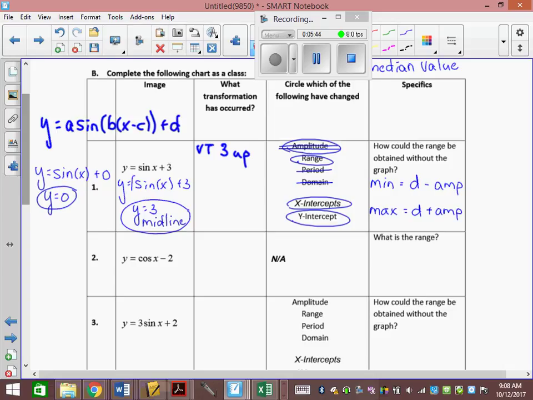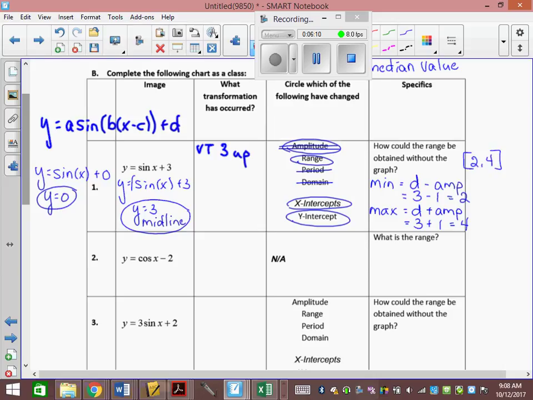Because the D is the middle. If I add the amplitude, I get to the highest. If I subtract my amplitude, I get to the lowest, correct? So in this case, my D value, you guys said, was 3, and I subtracted 1, so I get 2. Then I add 1, so I get 4. So my range would be between 2 and 4.